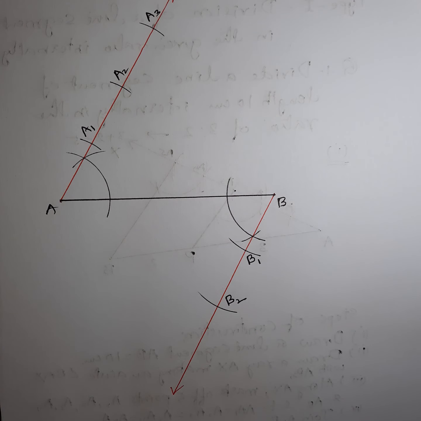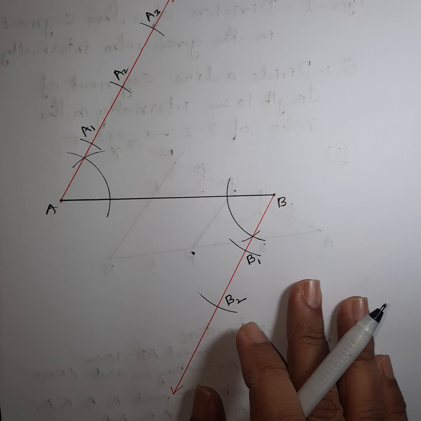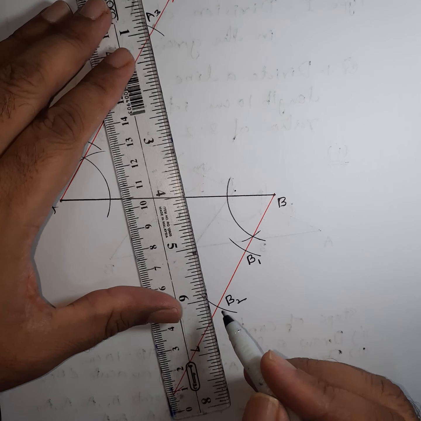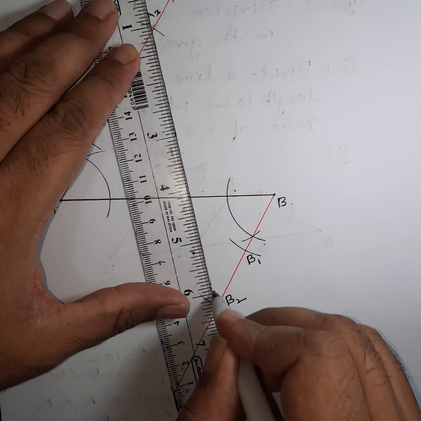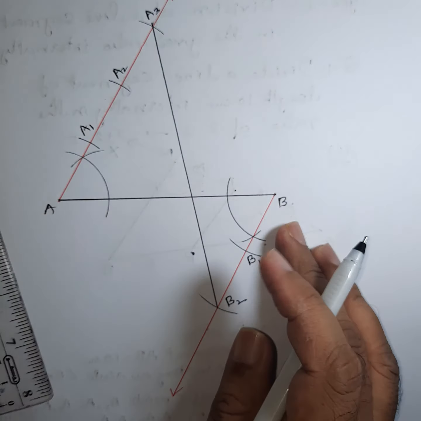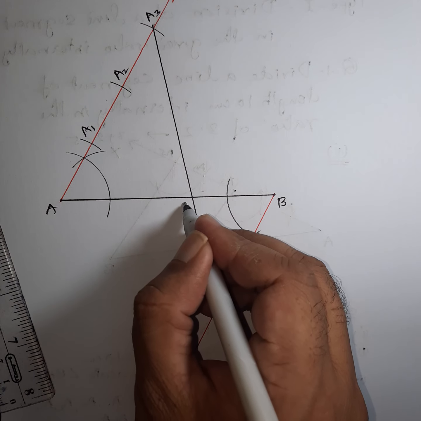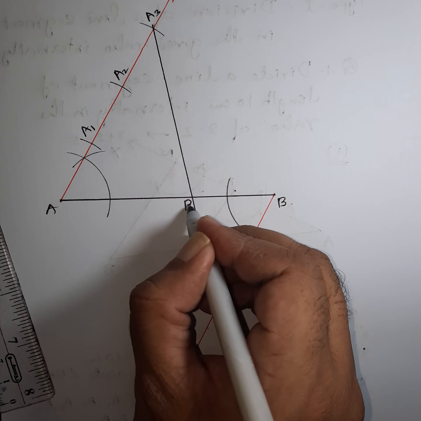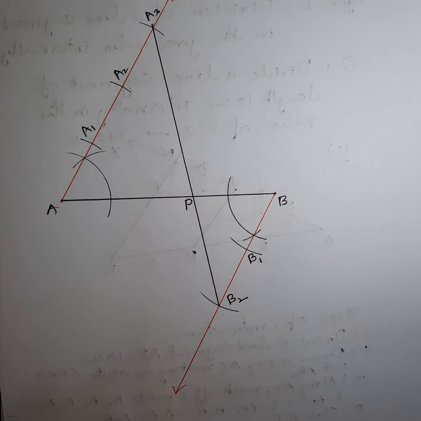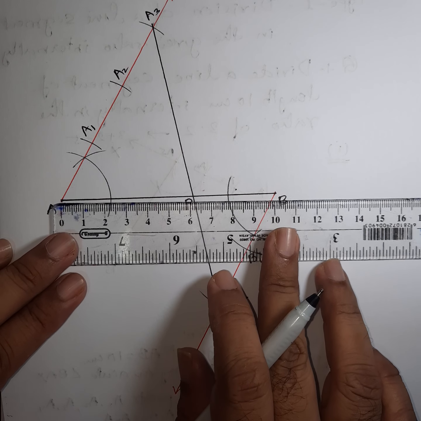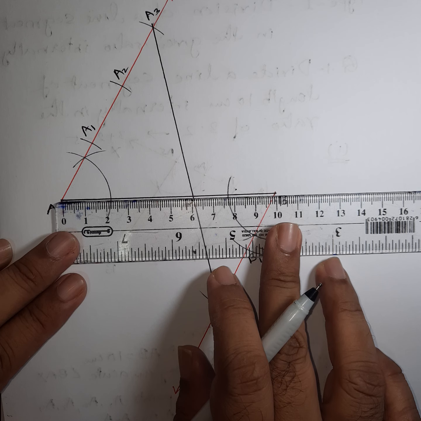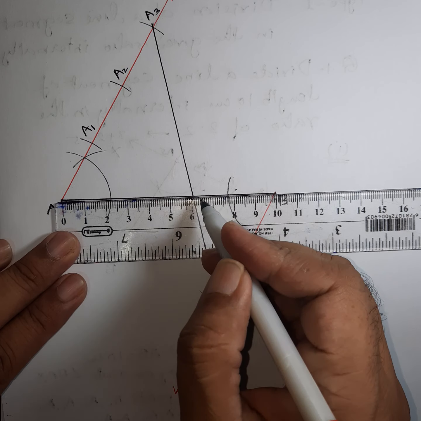Now you have to join A3 to B2. When you join A3 B2, you will get a point P, and this P divides the line in the ratio 3:2, meaning this will be exactly 6 centimeter and 4 centimeter.